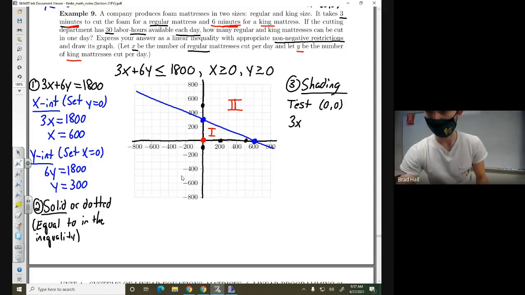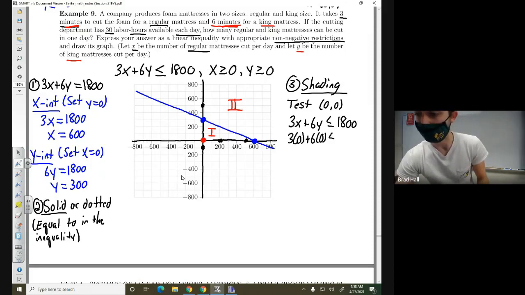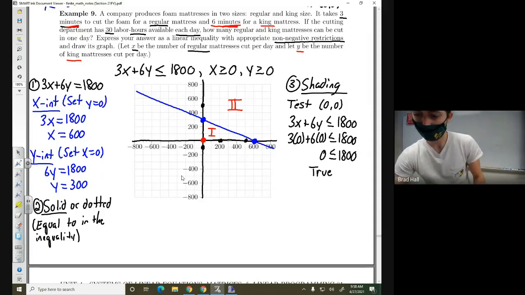The inequality, I'll just remind everybody what it is. You plug in 0 for x, 0 for y, and everything zeroes out. And we get a true statement. Shade next to 0, 0.